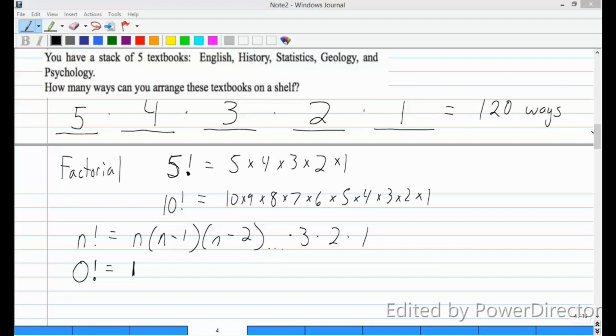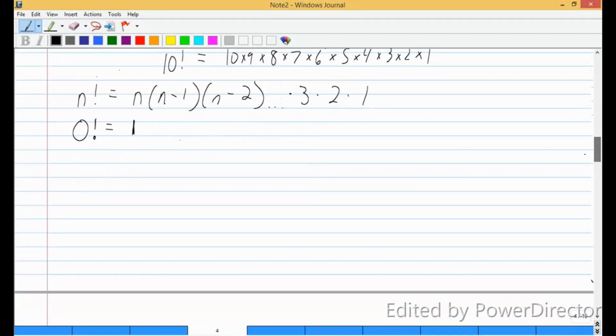All right, so one type of counting problem that we run into is the number of ways that you can order objects or choose objects.